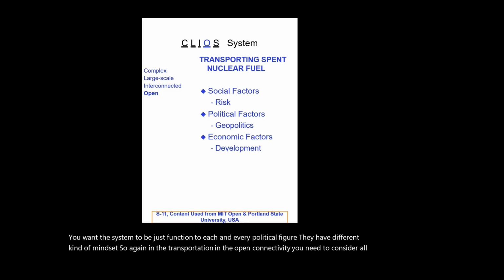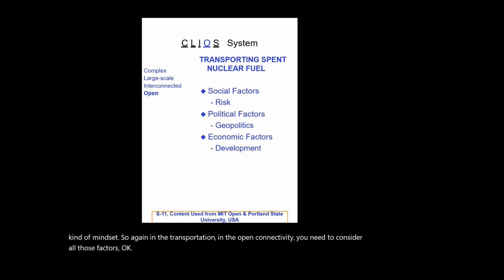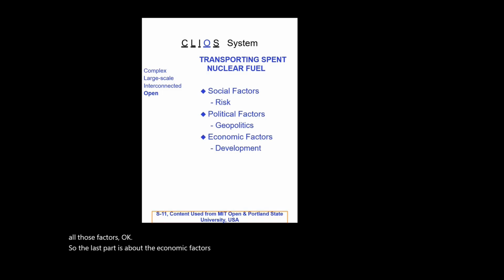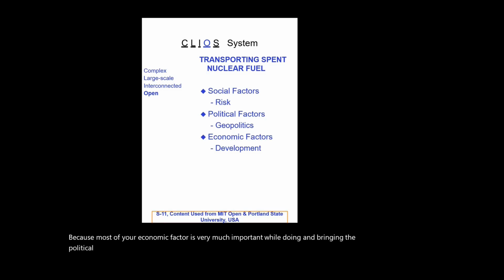Okay. So the last part is about the economic factors, or economic factors development. You need to understand what the per capita income will be, because the economic factor is very important while bringing the political figures along with the social.